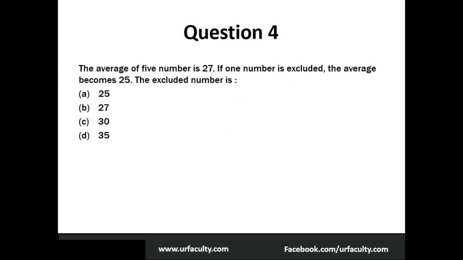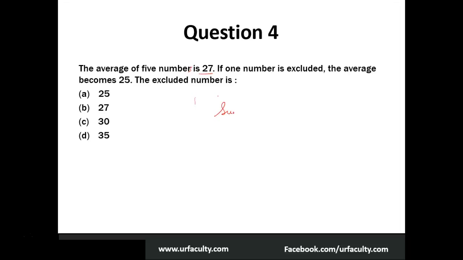Now, we are moving to a slightly more difficult question. It's not very difficult. I would say it's again a very simple question. The average of 5 numbers is 27. If one number is excluded, the average becomes 25. The excluded number is? Okay, I'll just apply a traditional method. We know that the average of 5 numbers is 27.